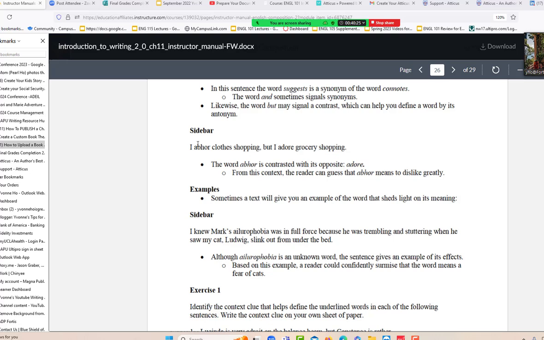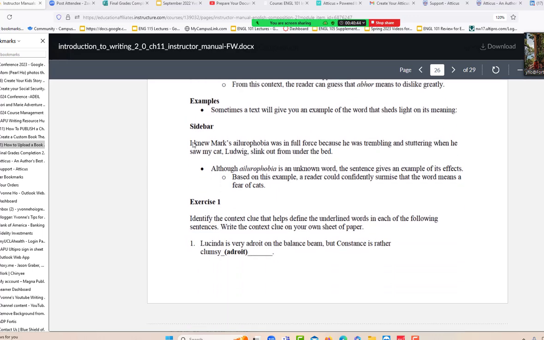So here, abhor and adore are contrasted. And so from this context, if you know what adore is and you know that it's being contrasted, then you know that abhor means I hate shopping. So that is a context word of contrast.